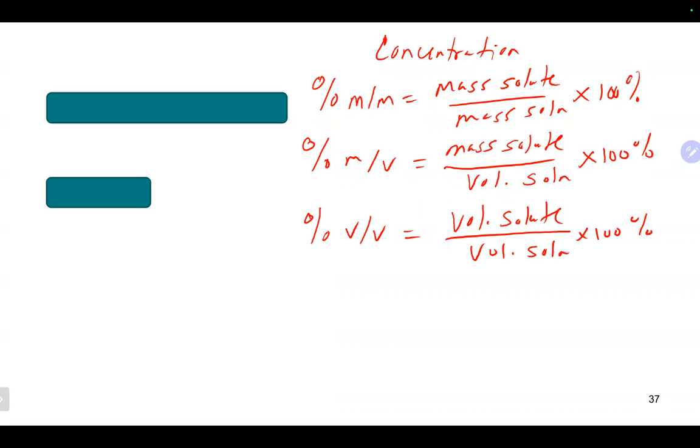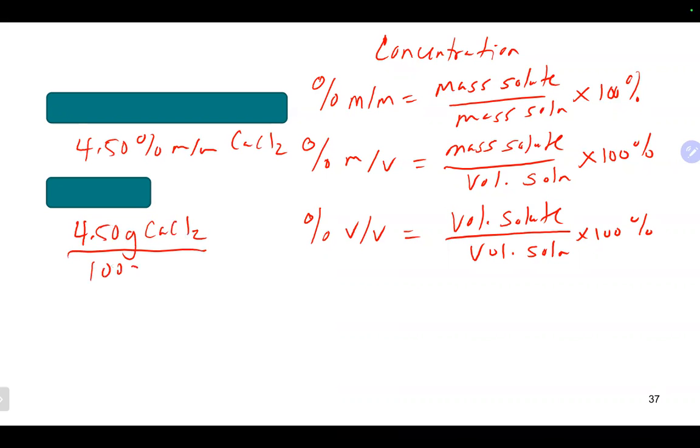So we talked about solving some of these problems. You can obviously use the equation. We also talked about that you could convert it into a conversion factor if you had something like 4.5% by mass calcium chloride. That's basically saying you had 4.5 grams of calcium chloride in 100 grams of solution.